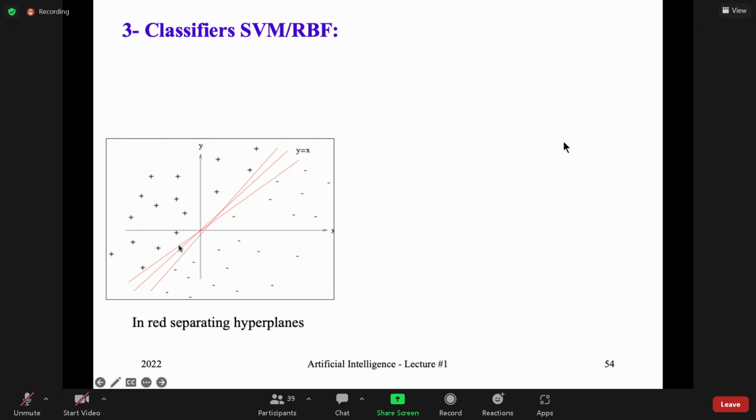If we consider, as I explained before, linear classification, in this example we have two categories or two classes: the category plus and the category minus. Here we have only two parameters in my example.